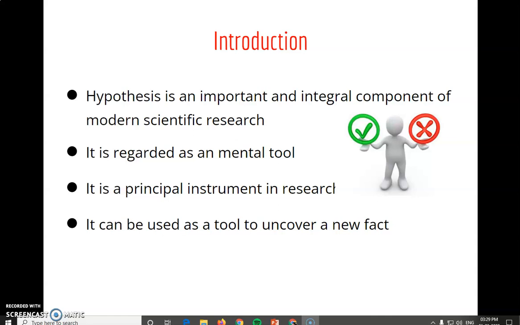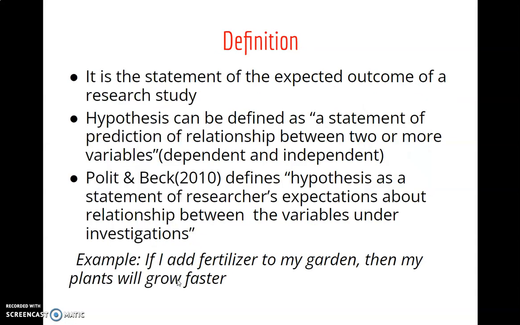Okay, so hypothesis is an integral part of modern scientific research, and it's a mental tool where the researcher uses it as an instrument or a tool to uncover the fact. So we will see what is the definition. The definition of the hypothesis is a statement of prediction of relationship between two or more variables.